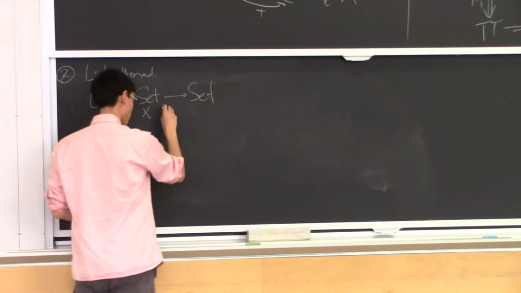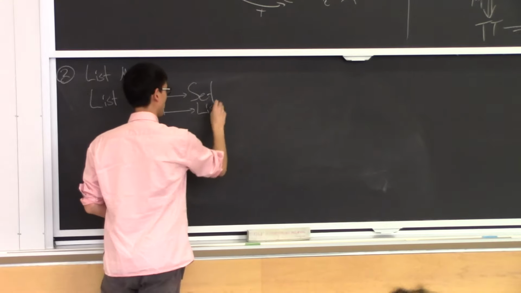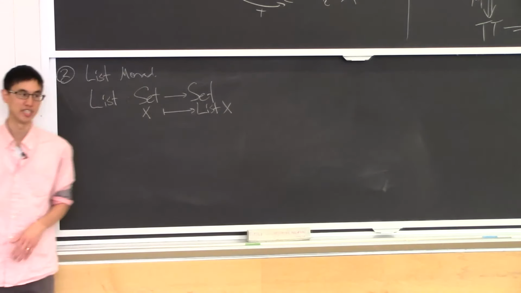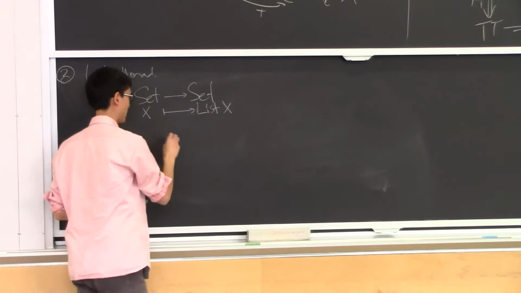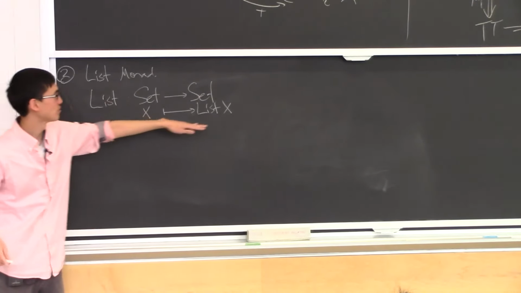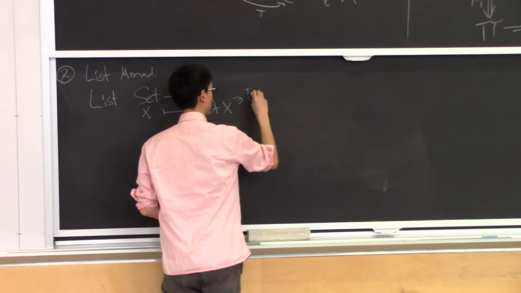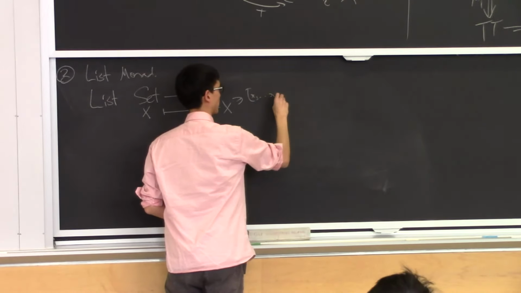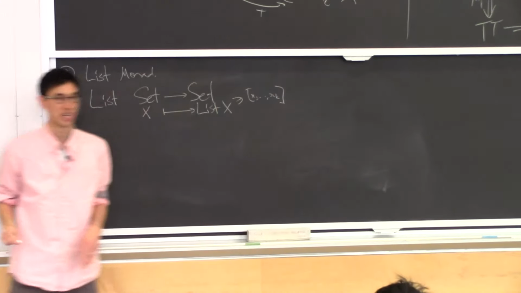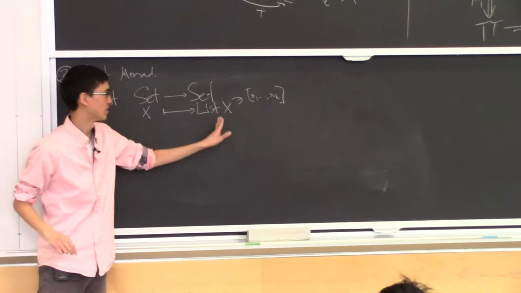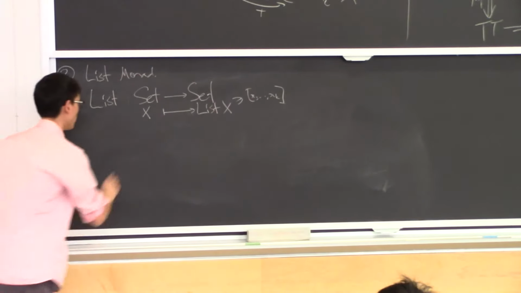And what it does is it maps some set x to lists in that set, right? So it maps a set to the set of lists of that thing. So what are the elements of this set? Well, we just pick some finite list of elements of x, and they form an element of list x, right?